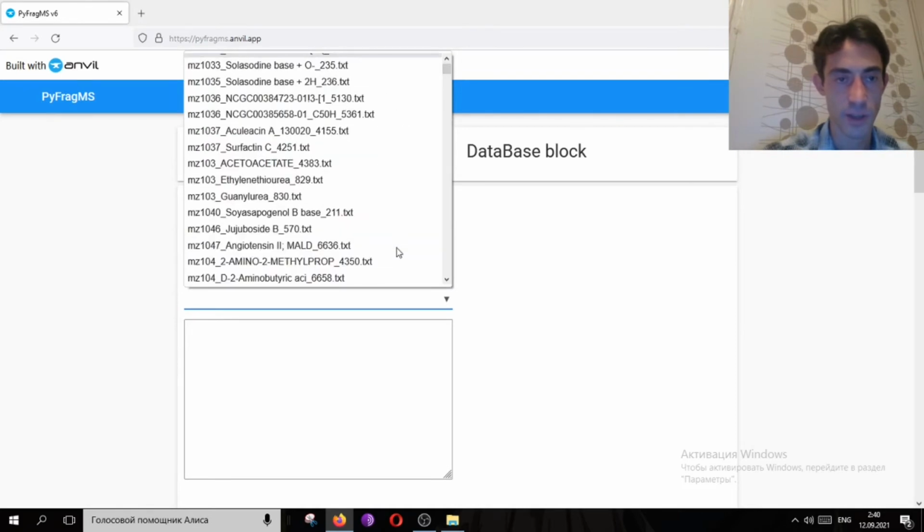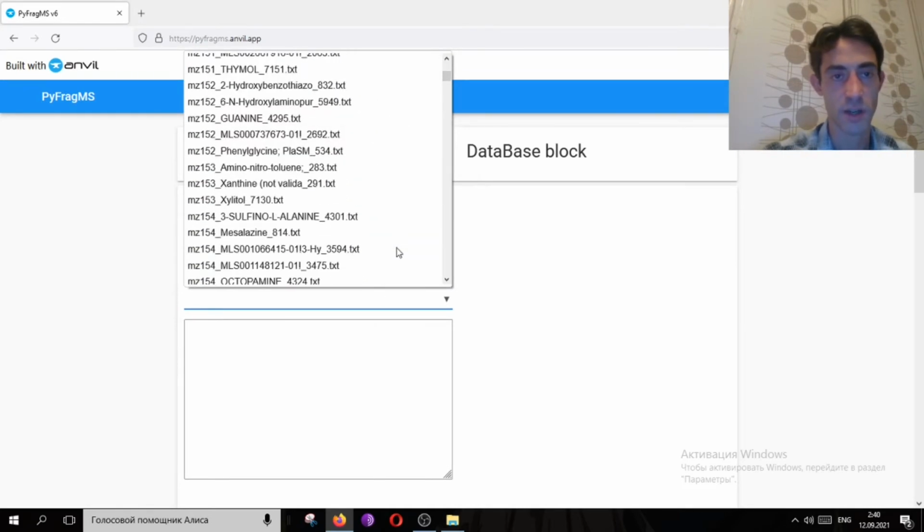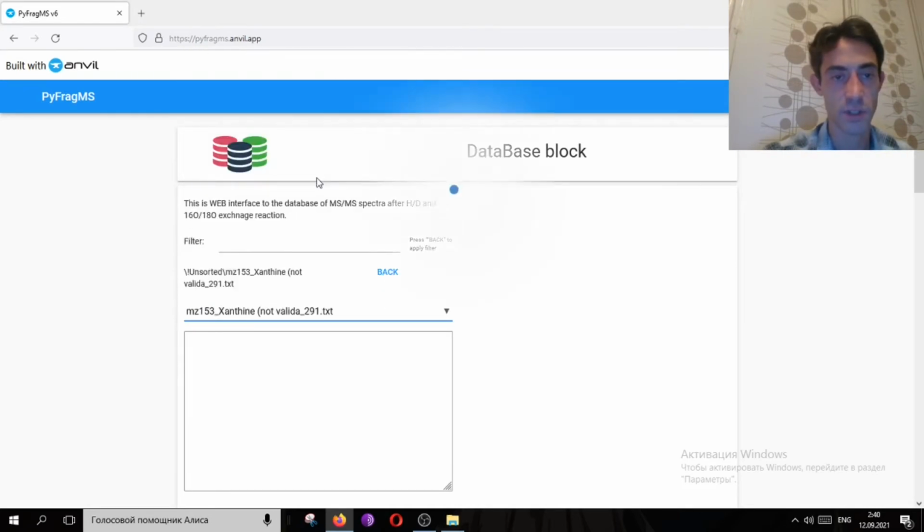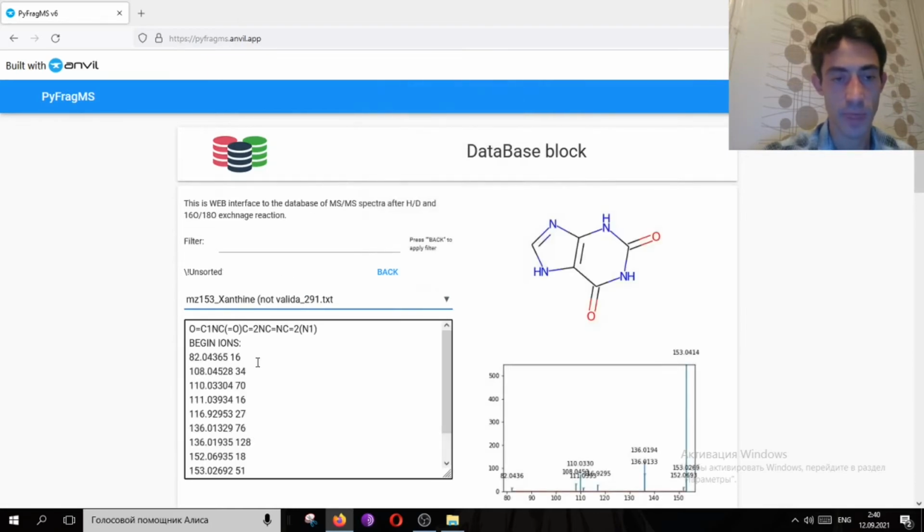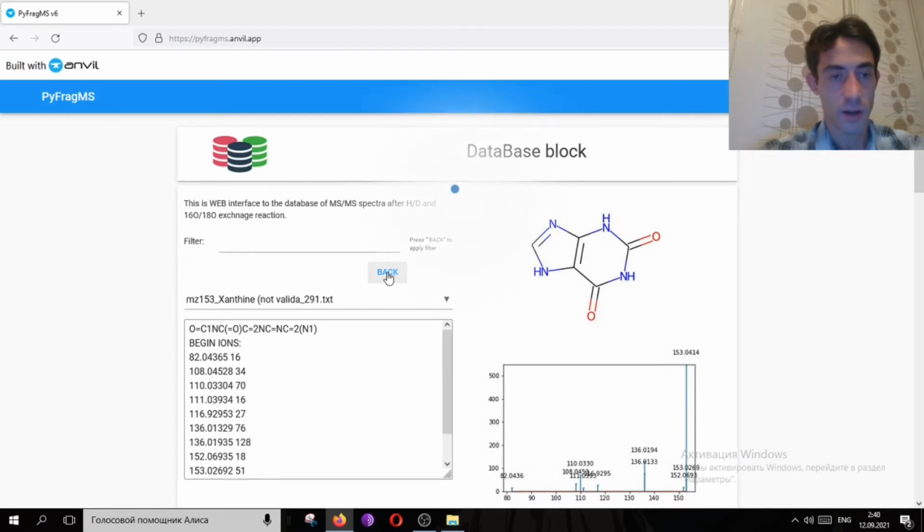Here there are many molecules, they are unsorted, but it's also possible to use them. Okay, so also there are some filters.